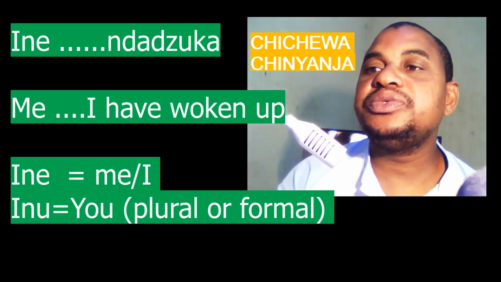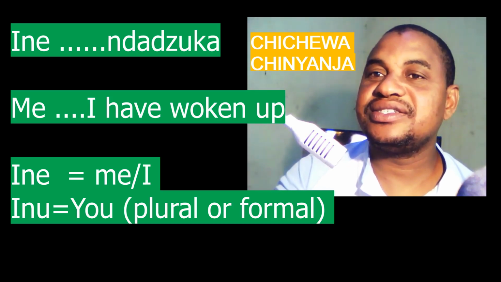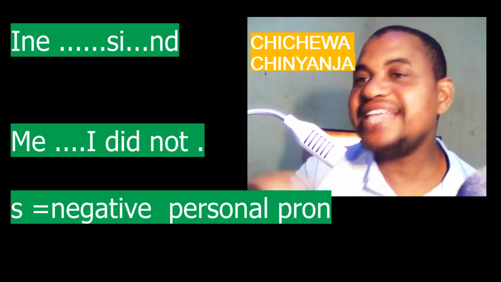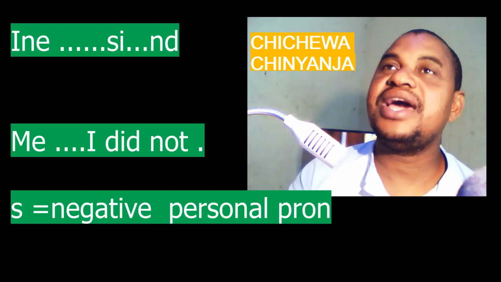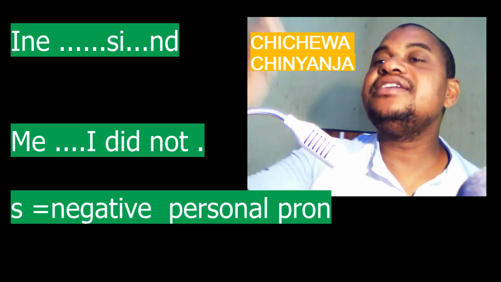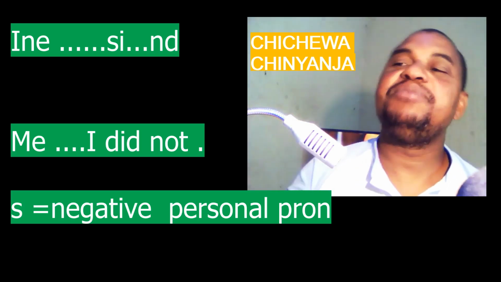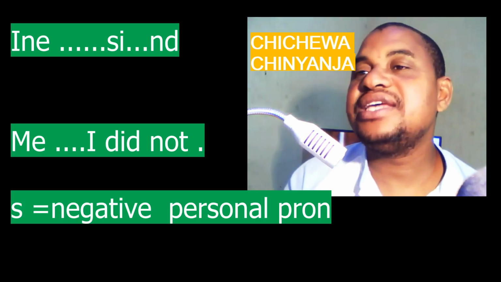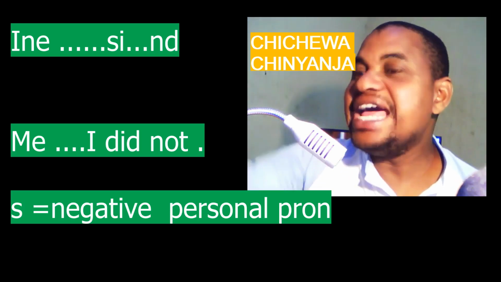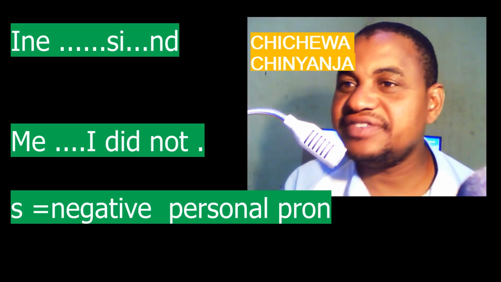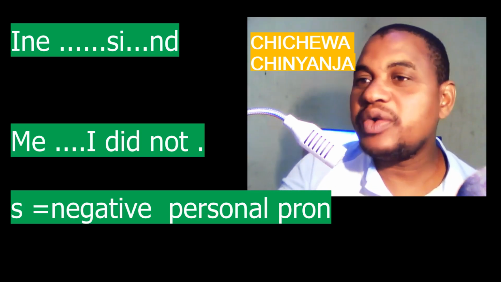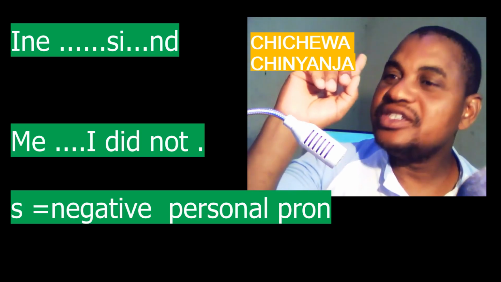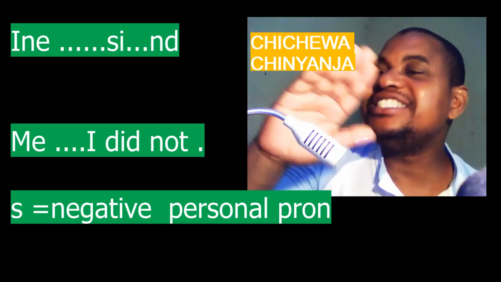Now when it comes to negation of that, you start with s, all right? So it becomes like sindifuna, sindinavite, sakundifuna. S, sa, all right? That becomes the first personal pronoun negation, all right? Negative. First personal pronoun positive verb is da, di, da, di, something like that.